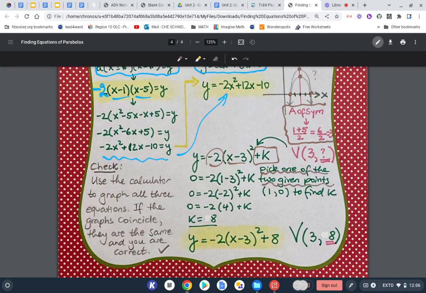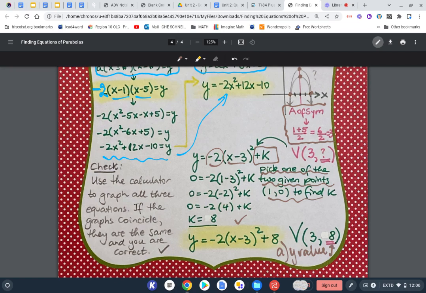Okay, I picked the smallest numbers as always, (1, 0), and I replaced my x and y. You could have picked (5, 0). You would still get what you need, which is your k. K is 8, people. And that answers part 1a, question A. Y value is 8.